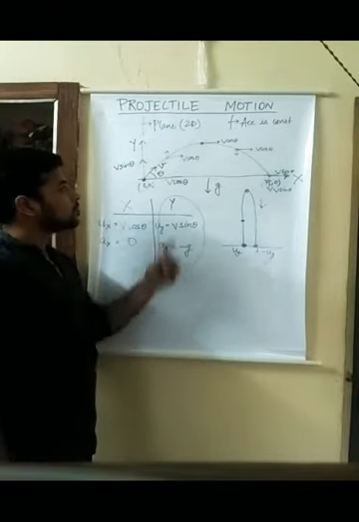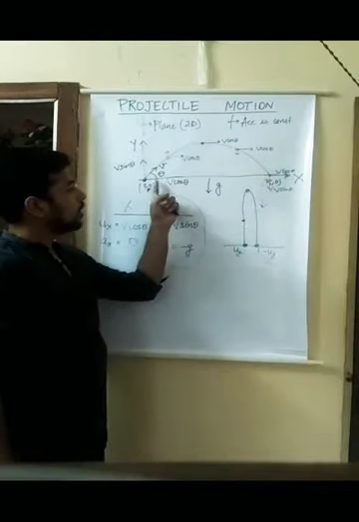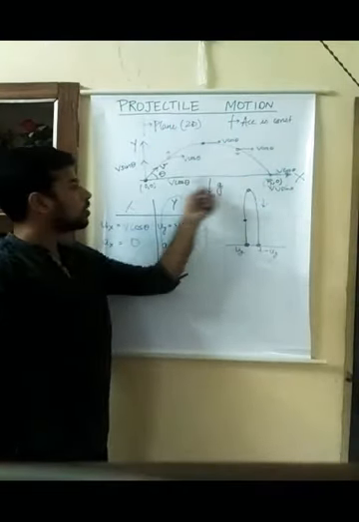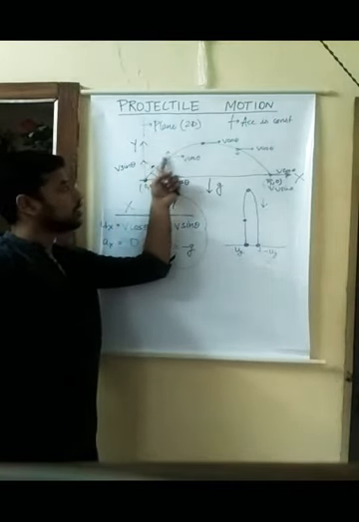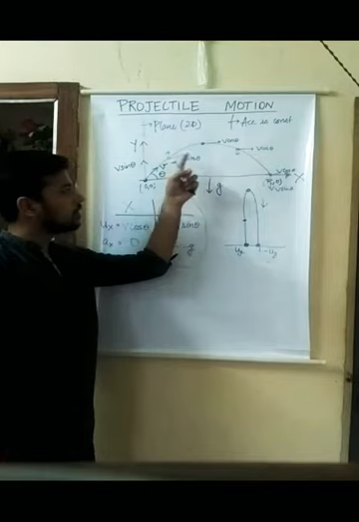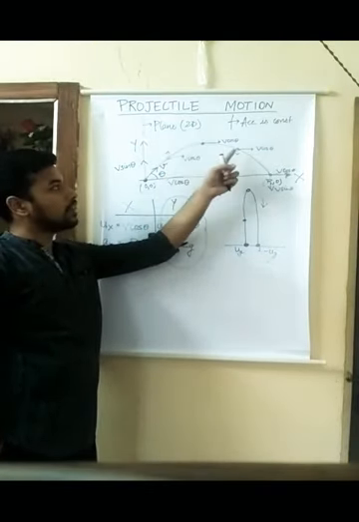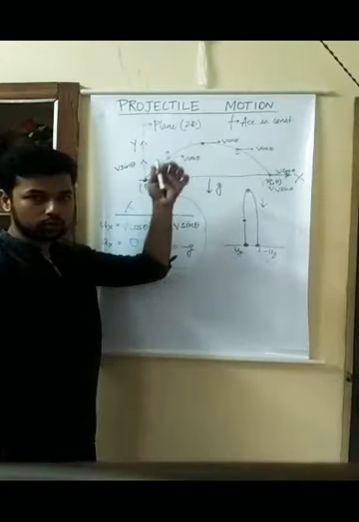So if you look at these arrows, x velocity remains throughout the path. Y velocity initially is in positive y direction. Its magnitude slowly decreases. At the topmost position, y velocity is 0. After that, y velocity is in negative y direction, that's downward.